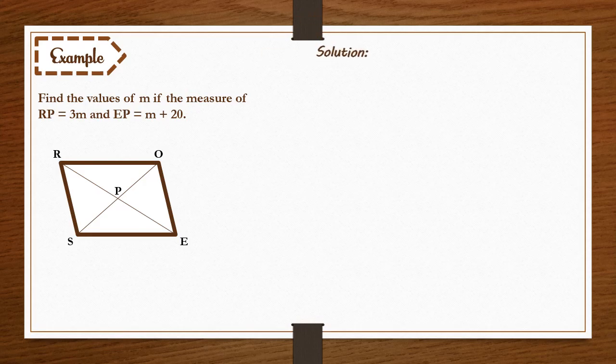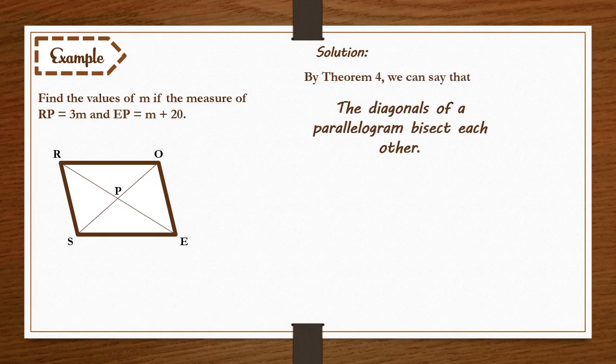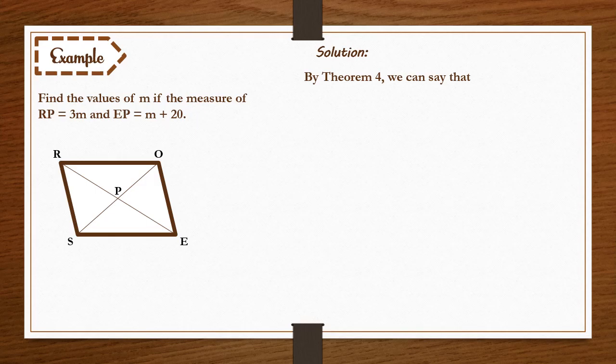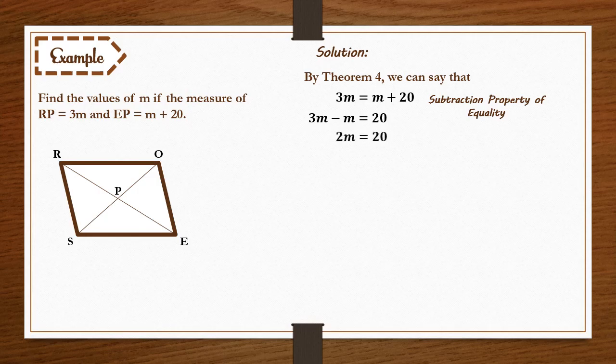Solution: by Theorem 4, which states that the diagonals of a parallelogram bisect each other, therefore we can say that 3M is equal to M plus 20. By subtraction property of equality, we have 3M minus M is equal to 20. And by division property of equality, we can have 2M is equal to 20 since 3M minus M is equal to 2M.